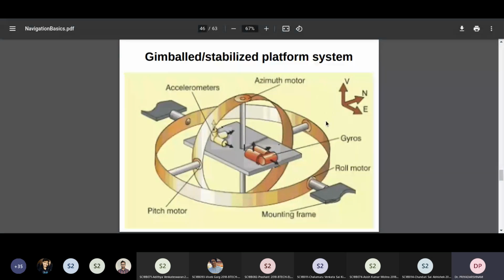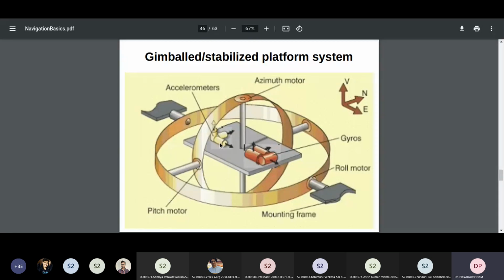The outer ring, will it move along the east axis? You imagine this object is placed inside a rocket. On the walls of the rocket, you are connecting the dark colored thing. Outer ring won't move, sir. The outer ring will not move.